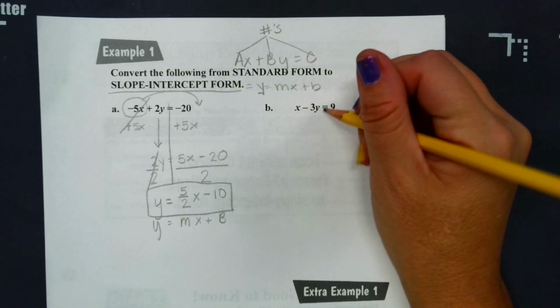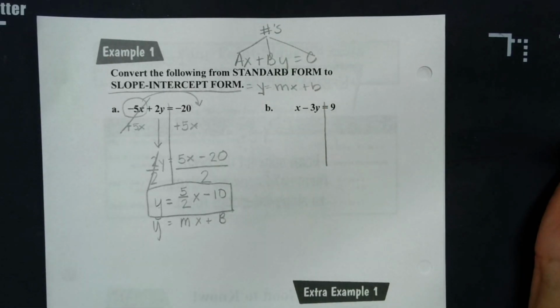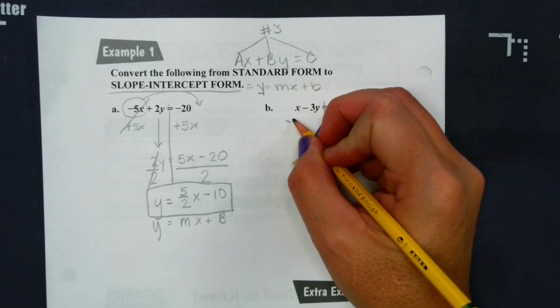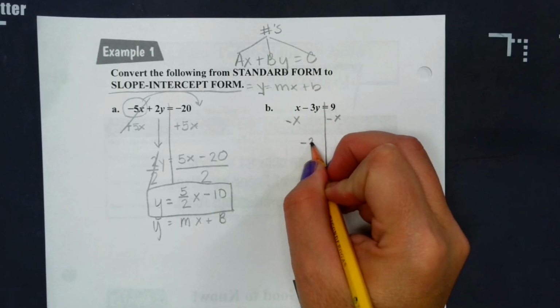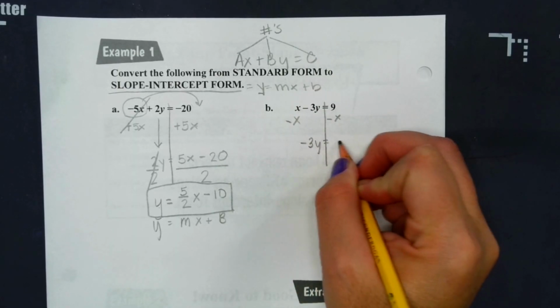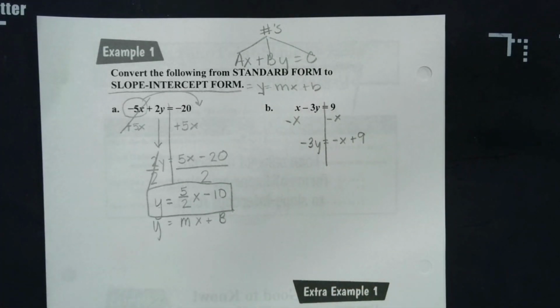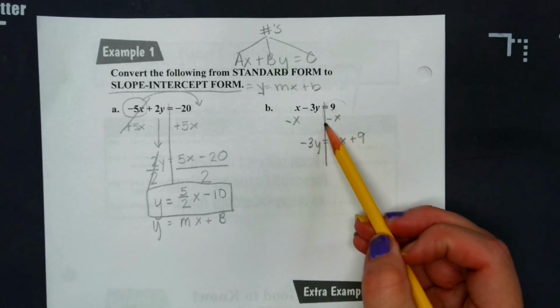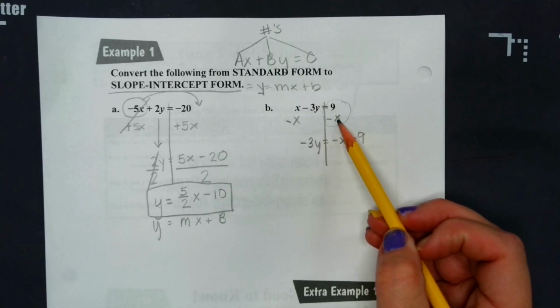All right, we're going to try the same thing with b. This is a positive x, so I'm going to subtract x to get rid of it. All right, I cannot combine these again because this is an x.